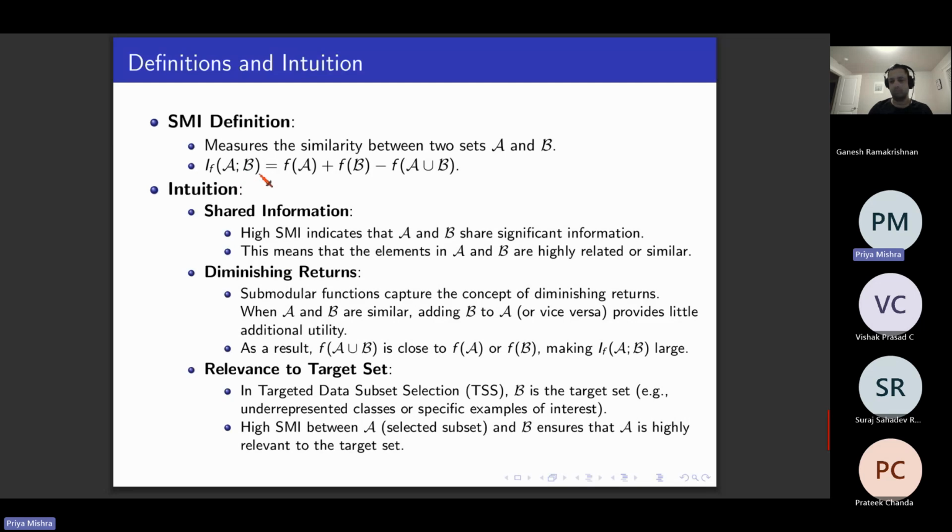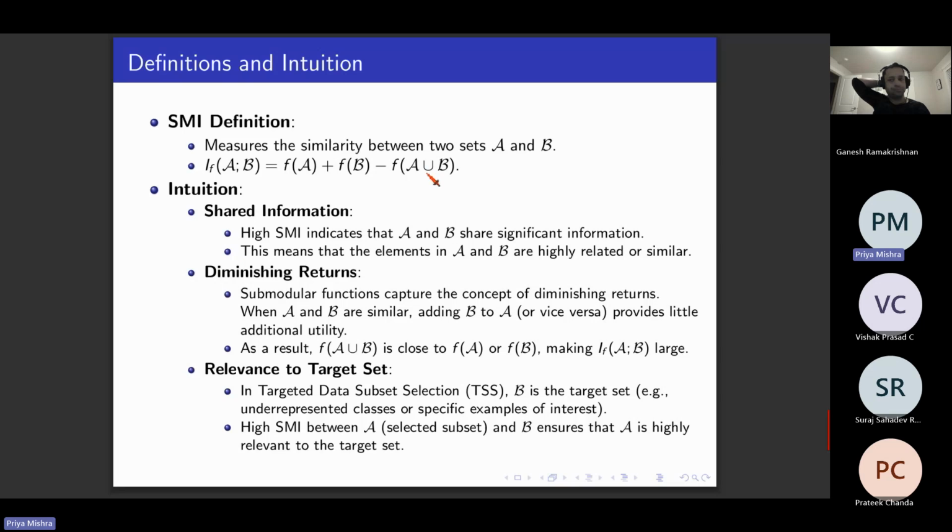If we look at the diminishing returns property, if A and B are similar, then there won't be much value added to f of A union B, because the classes of both are similar, so there won't be addition of more data points. So this set will have a lower value as compared to when they are different.